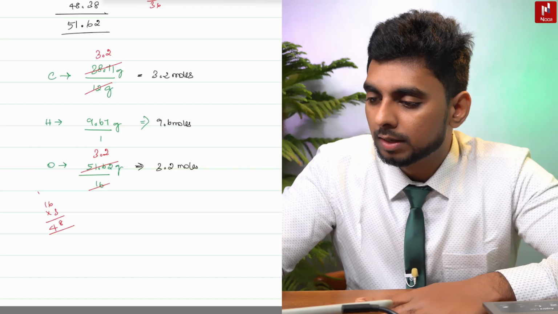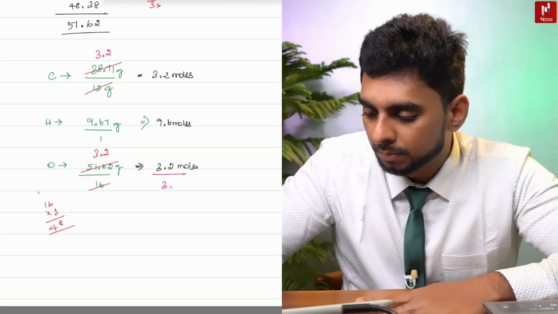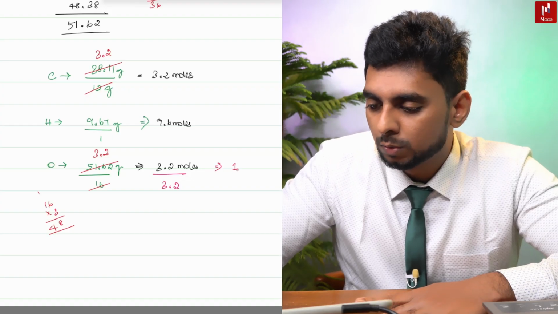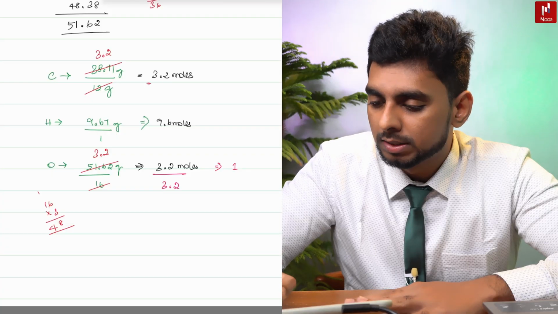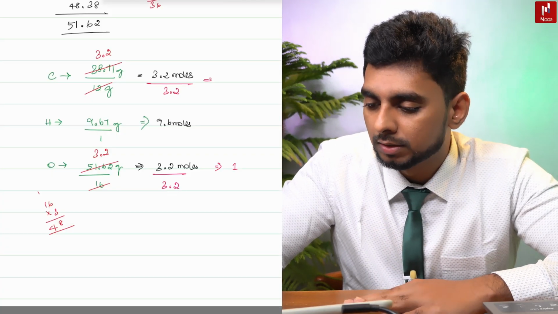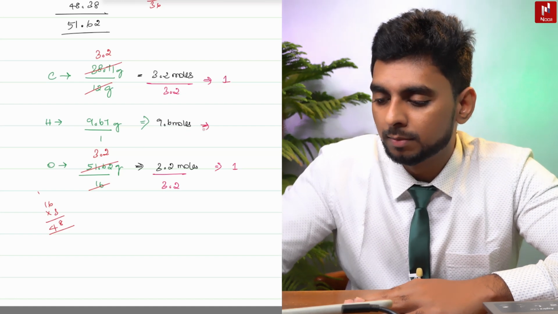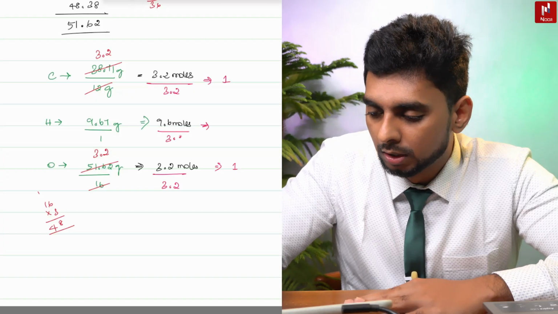So now let me divide the entire term by its lowest term. If I divide this one by 3.2, I'll get 1. If oxygen was present in 1 mole, then obviously carbon will also be in the same proportion, equal to 1, but hydrogen will be available triple the times than this one, right? So if I divide this one by 3.2, it should be clear.